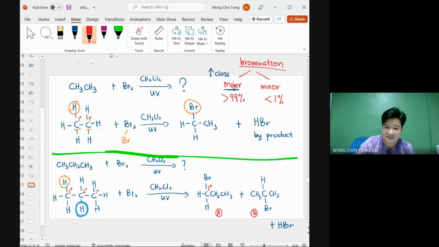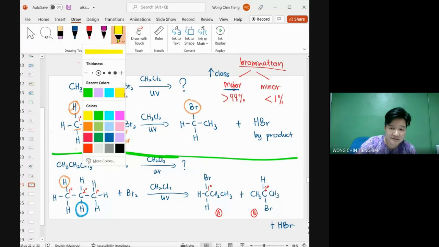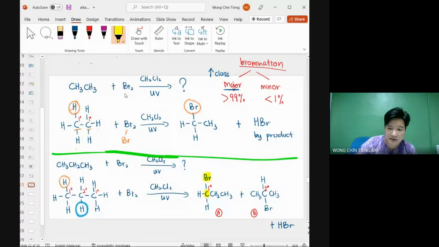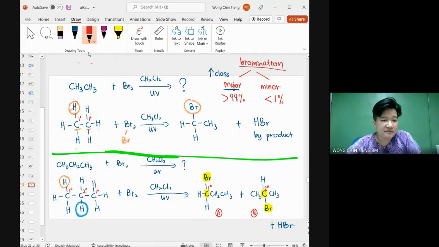Product B is a secondary. The class that I meant over here is the carbon yang pegang Br. Okay? Boleh? So, kat sini tengok. Saya ada primary dengan secondary. Siapa major? Rasa-rasa. A or B?